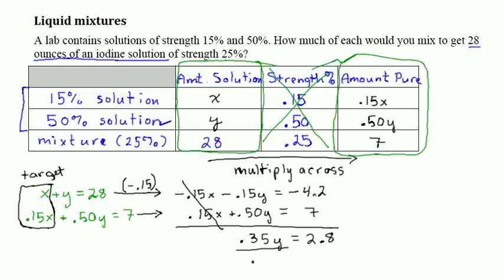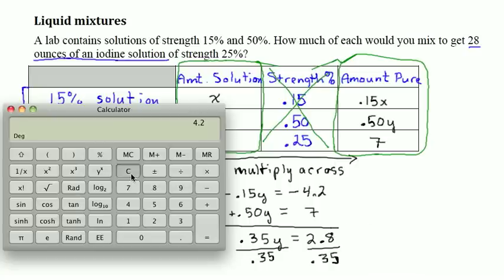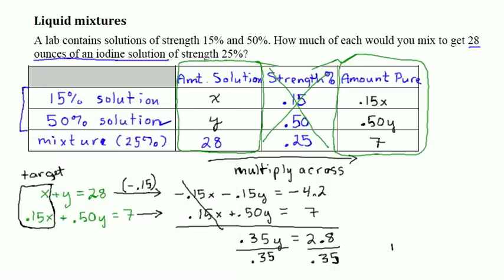And as I divide both sides by 0.35, this would be another good time to bring in that calculator. I get 2.8 divided by 3.5 is 0.8. So y is equal to 0.8. Now remember, I do need a value for x and for y, and I need to express my final solution with labels and units.